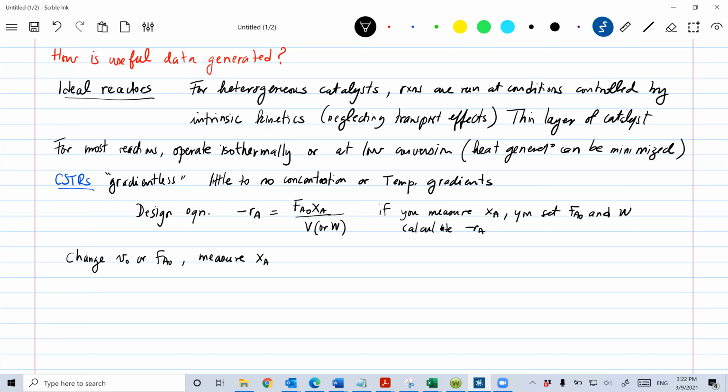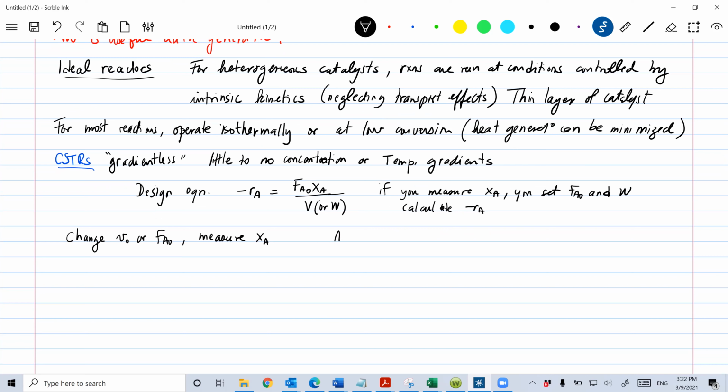Sometimes, however, if you have multiple reactions or multiple reactants, so let's say you have the reaction A plus B equals C plus D, it's better to measure all the molar flow rates out.